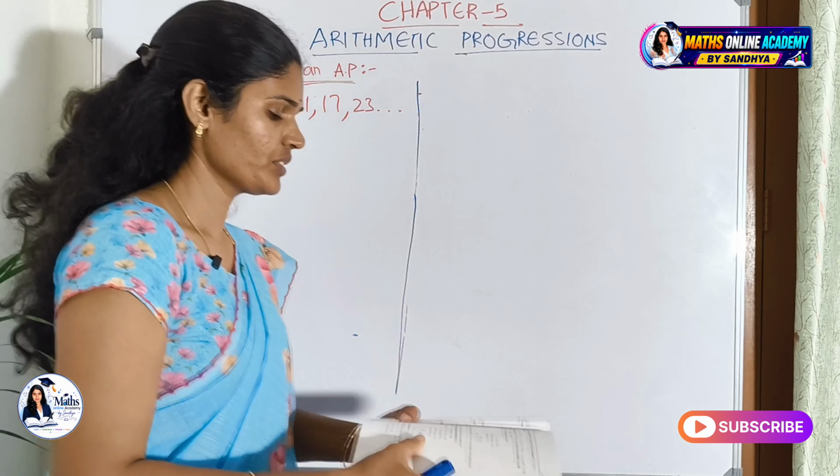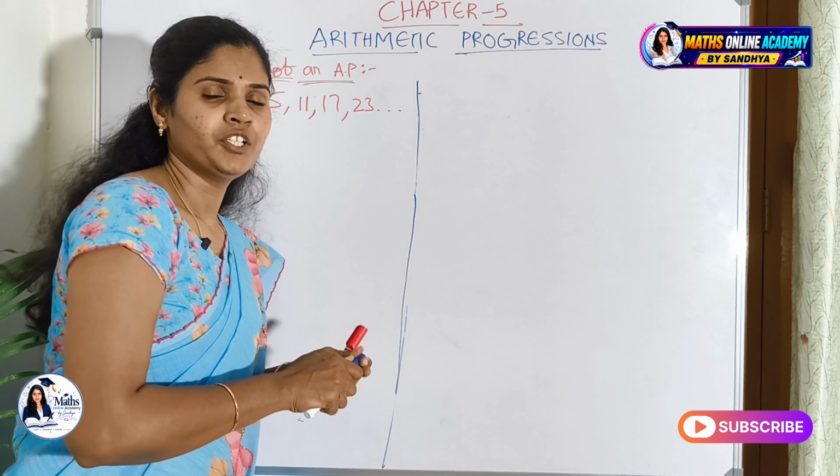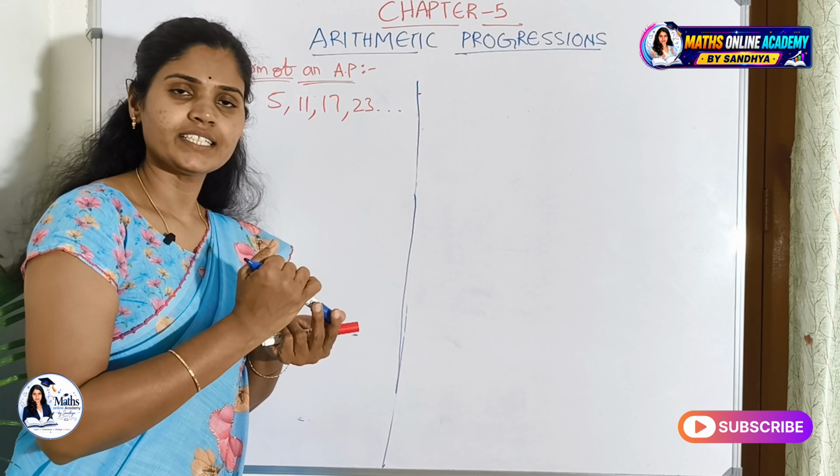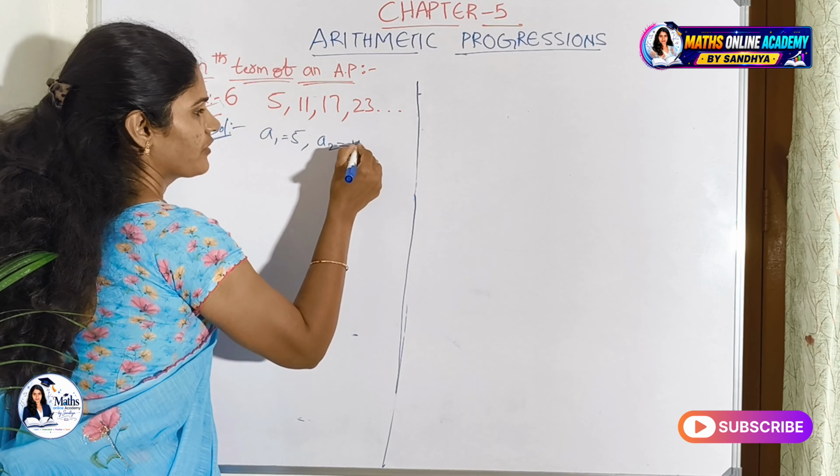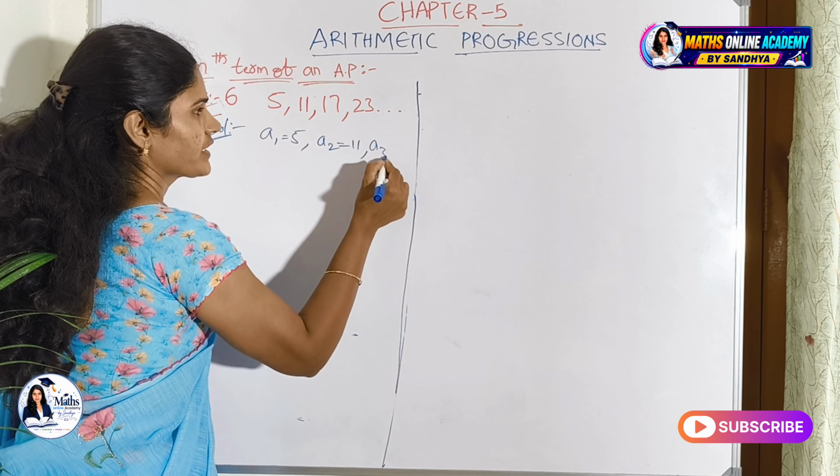To check that, we find the common difference; if it is the same every time, then it is an AP. Solution. So A1 equal to 5, A2 equal to 11, A3 equal to 17 and A4 equal to 23. Why are we checking here? Because they didn't mention that it is in AP.